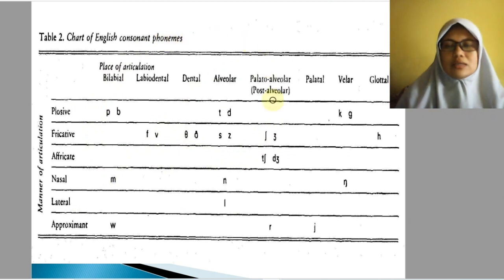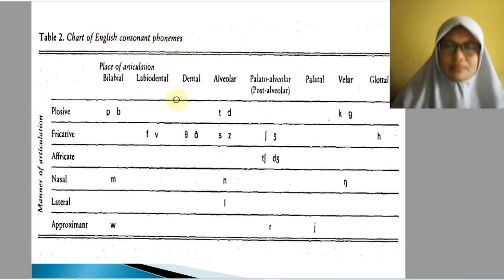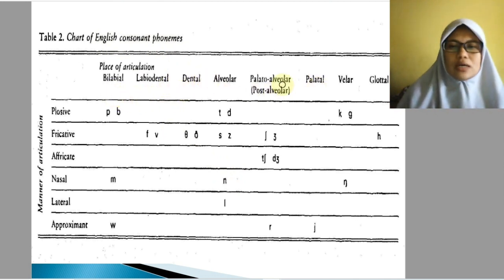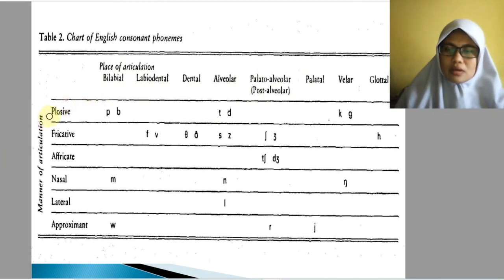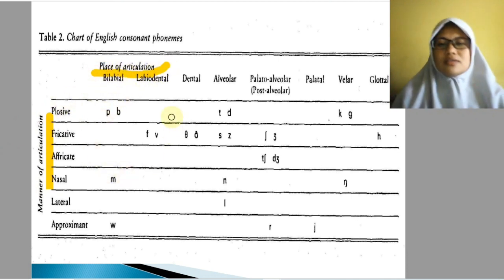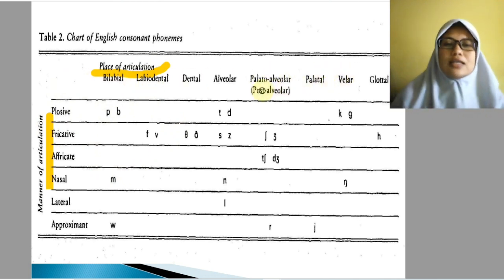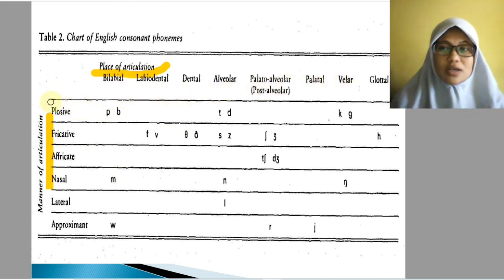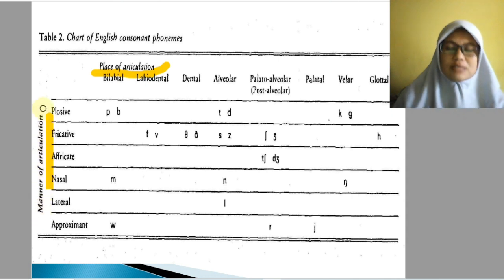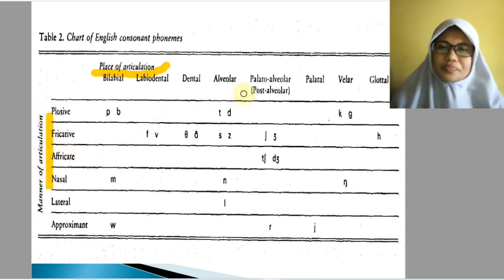Now this is the chart of English consonant phonemes. This is the place of articulation, and this is the manner of articulation. In the horizontal, that is the place of articulation, and the vertical is the manner of articulation.